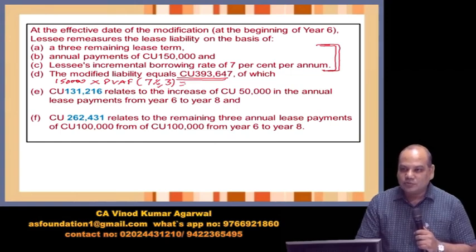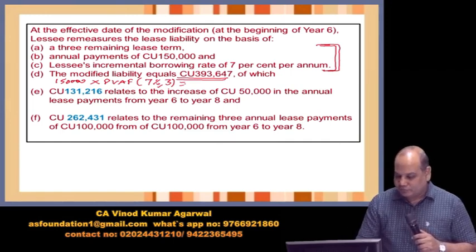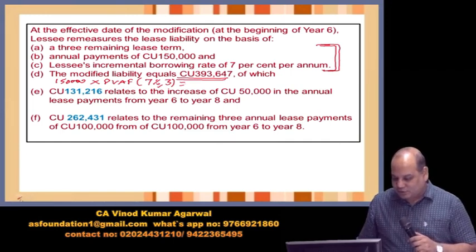How much it comes to? 393,647. Keep writing whatever you want to write. Afterwards you will not be able to remember. So your next working note 3 will be to find out what will be the modified liability. How much liability do we want now in the books?